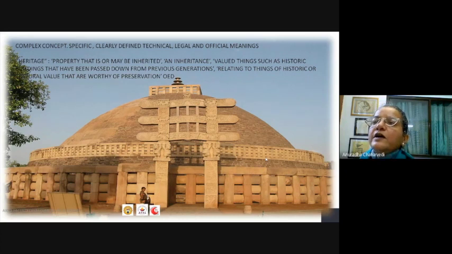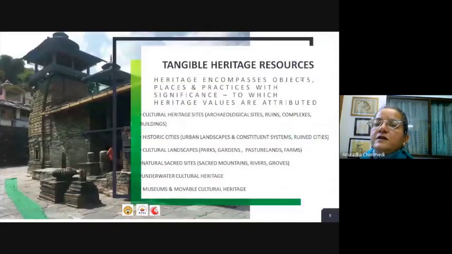So, when we look at the range of heritage sites which are there in our country, many of which have been designated as World Heritage, these which are of significance, historic and cultural significance, not only at the local level, but which are considered to be significant at the global level, all of these definitions hold good.